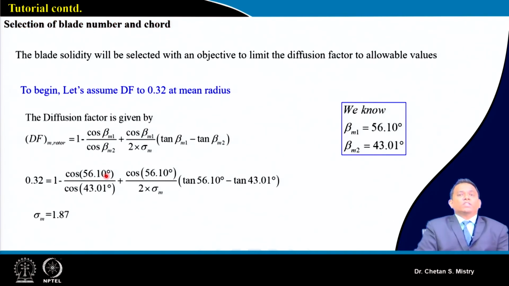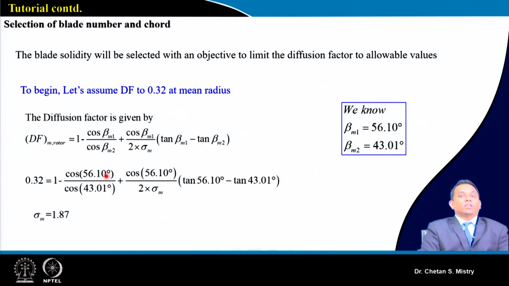Now once the chord is known to us, we are not yet aware of what our solidity will be. That solidity we will use for the calculation of our diffusion factor, and even for the calculation of the number of blades.